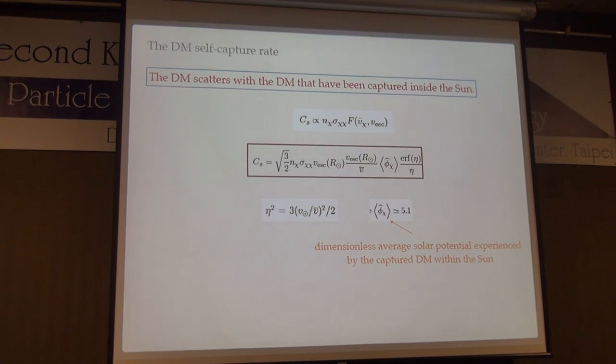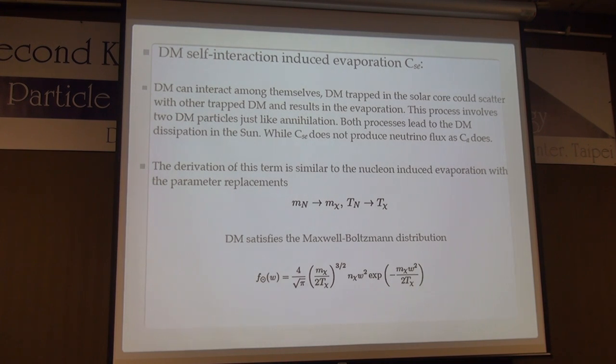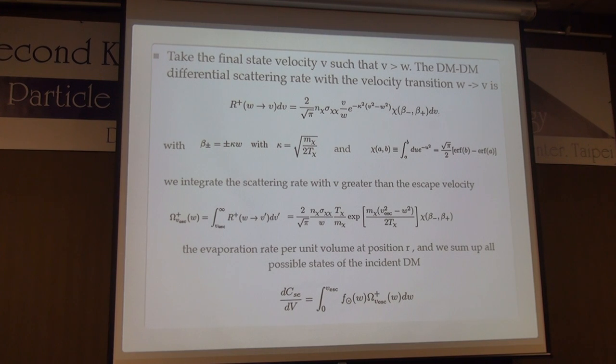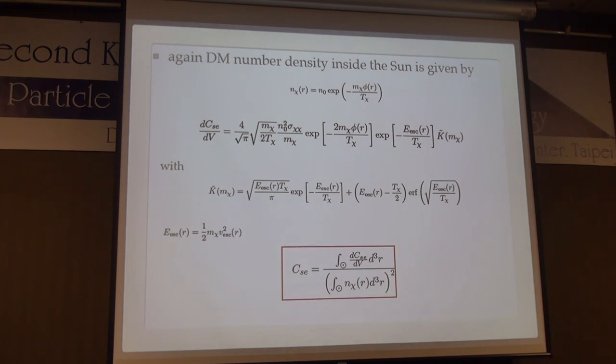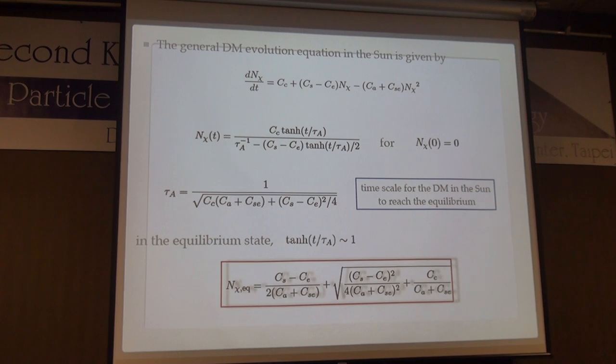Okay, so these are just formulas for what I just explained. We won't go into detail, just the calculations. We have the dark matter number changing with time, with the capture rate, the self-interaction capture, evaporation, and annihilation. The annihilation term is proportional to the number density of dark matter inside the sun squared.